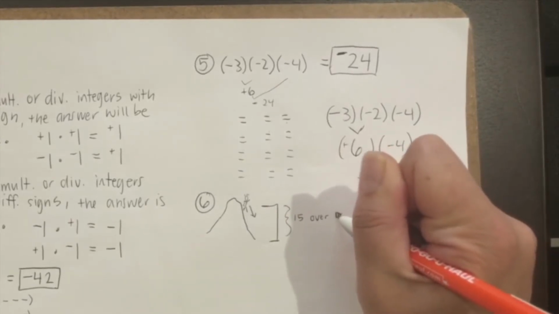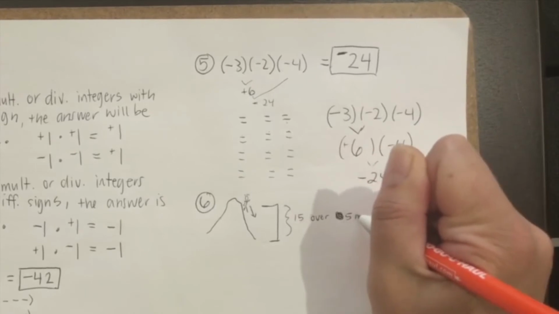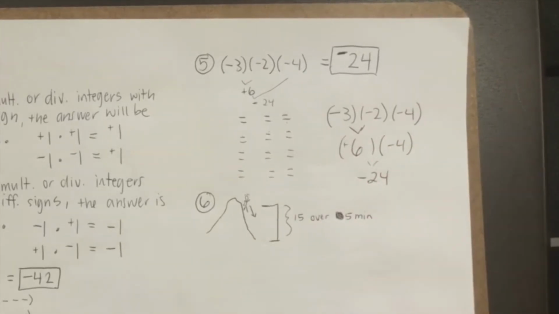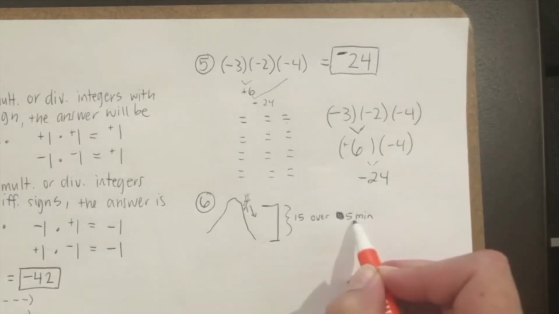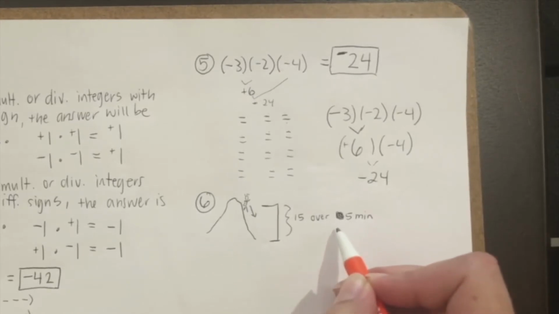So we drop 15 feet over the course of 5 minutes. What integer represents the change in elevation each minute?